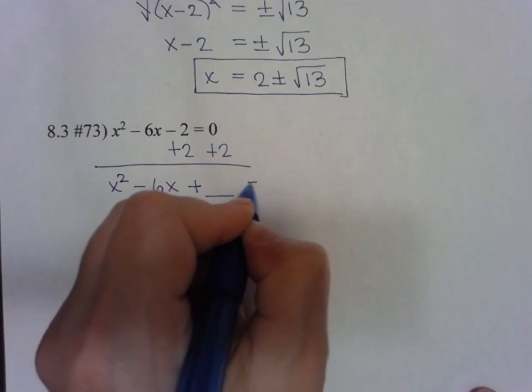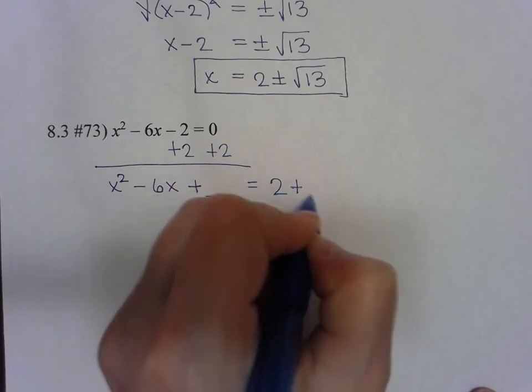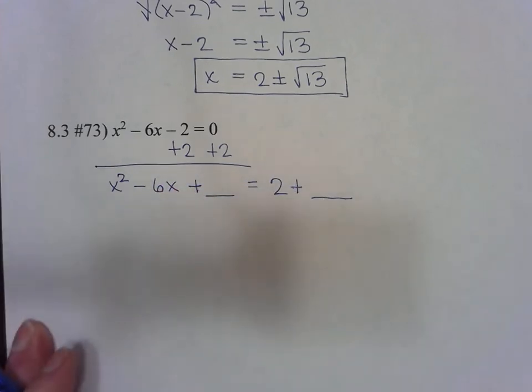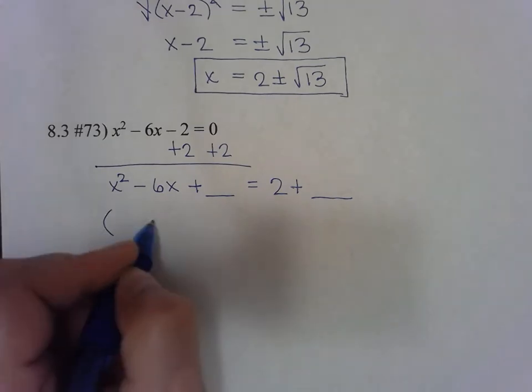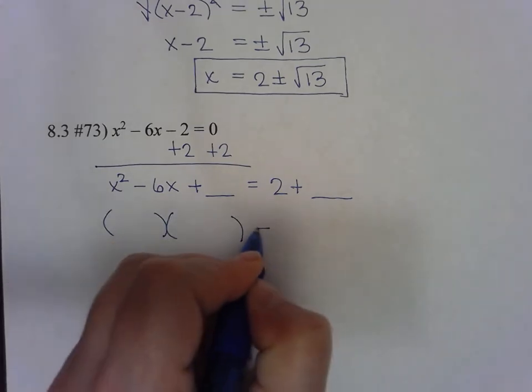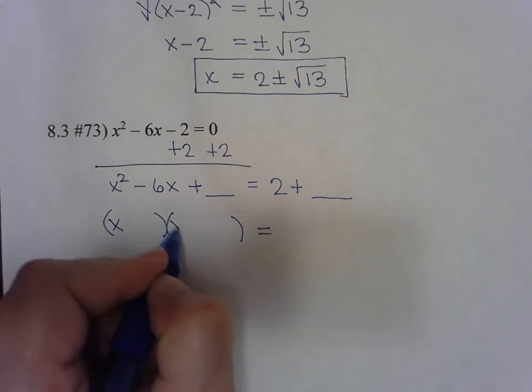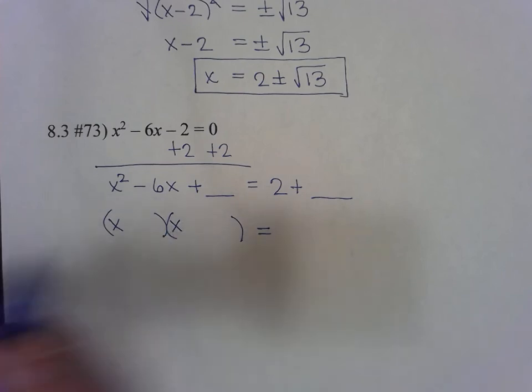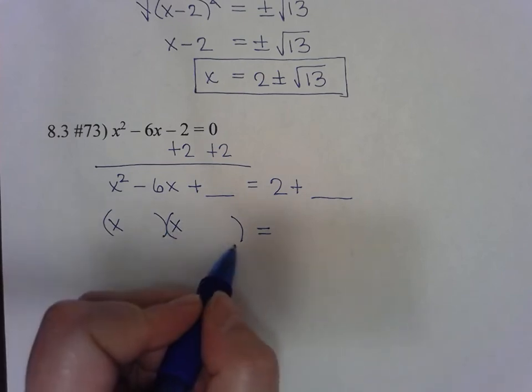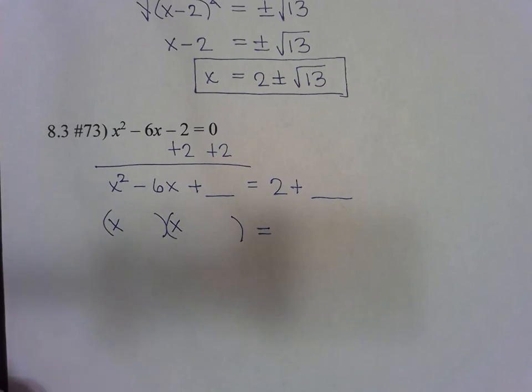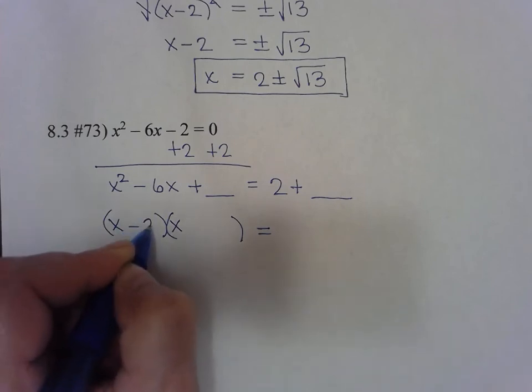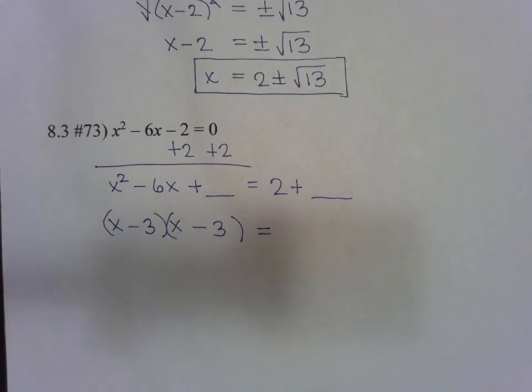I'm going to put in my blanks. I'm going to factor. I need 2 equal numbers that add to be -6. -3 and -3 are going to work.